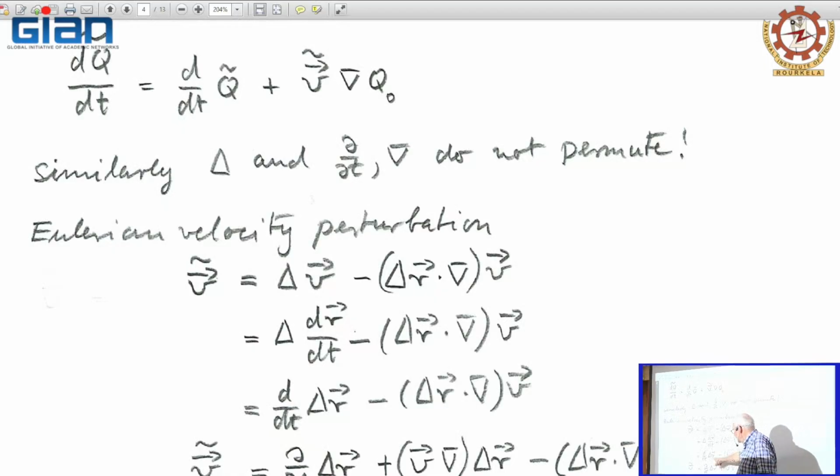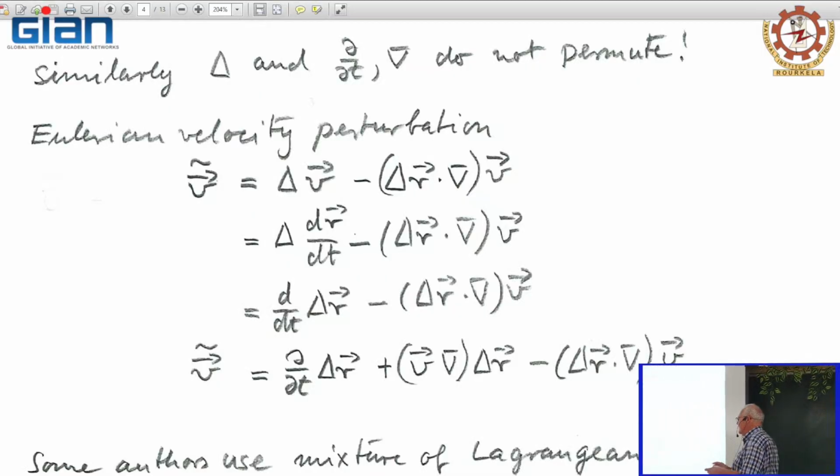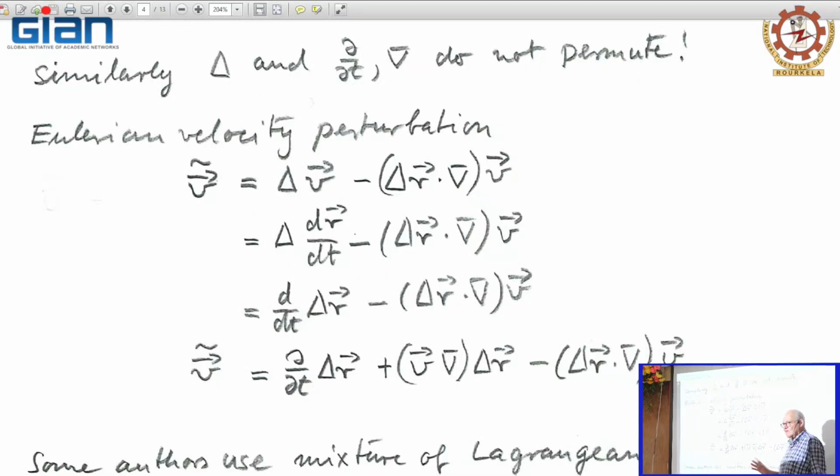Well, now we replace d by dt Lagrangian of the Lagrangian displacement by the relation between Lagrangian time derivative and Eulerian time derivative, which is d by dt plus velocity times nabla acting on delta r, on the Lagrangian displacement, and we are left with the final result of the relation between the velocity perturbation in the Eulerian sense related to the Lagrangian displacement.